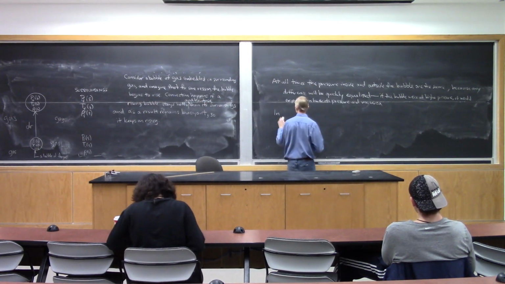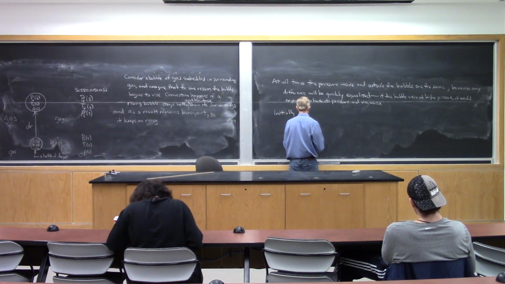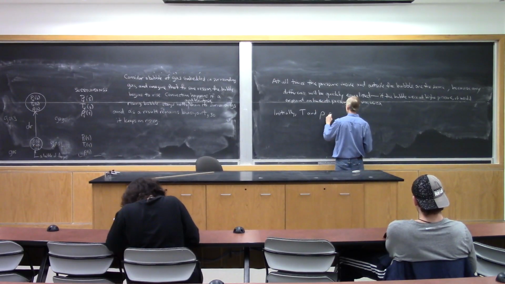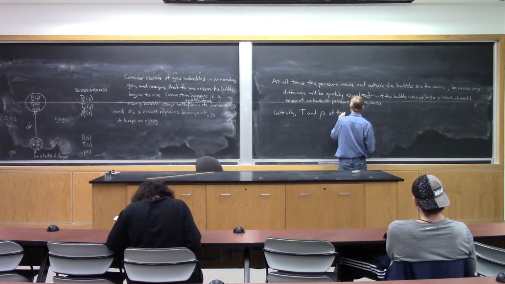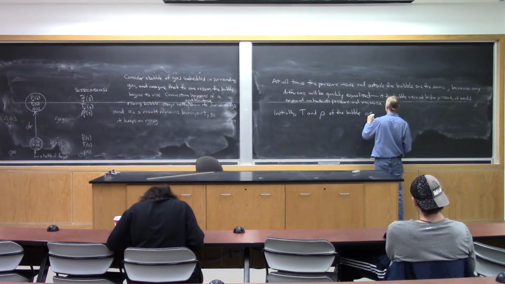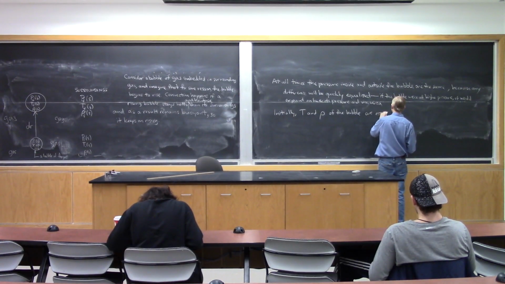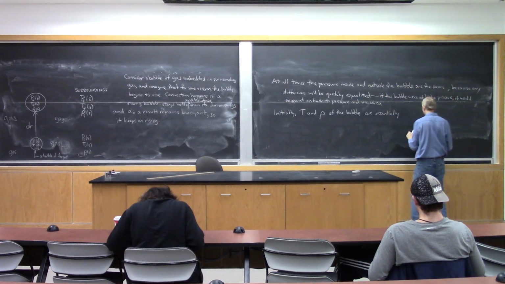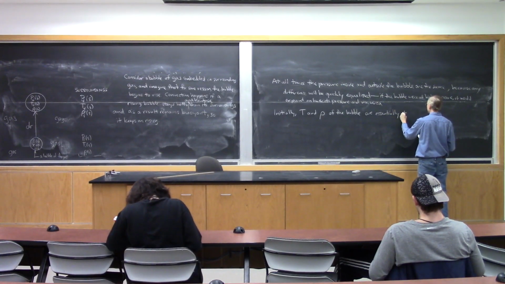Initially, because we know P is the same, T and rho of the bubble are essentially the same as those of the surroundings.